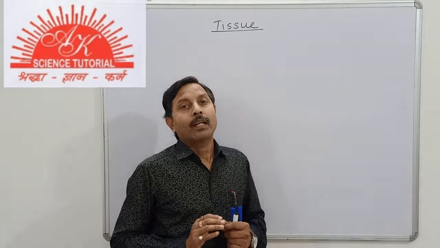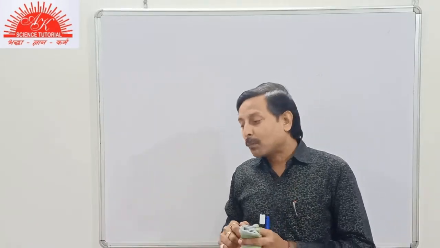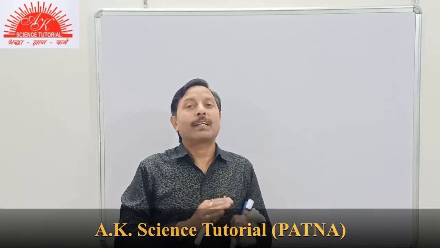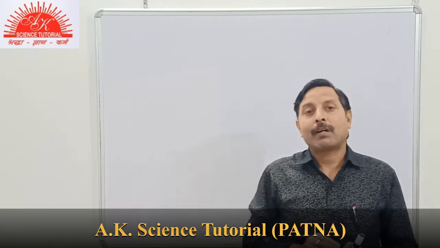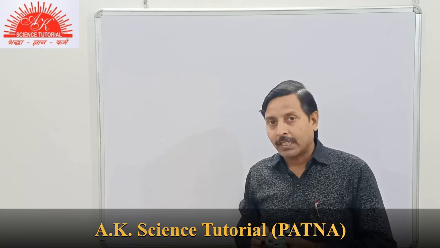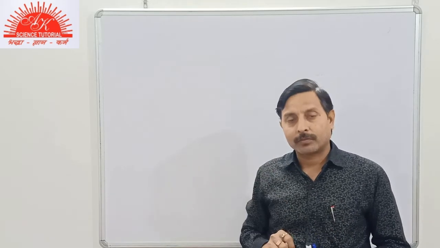Students, in the previous part we studied permanent tissue that was protective, like epidermis and cork, and supportive, that is parenchyma, collenchyma, sclerenchyma. Today we have to study conducting permanent tissue.